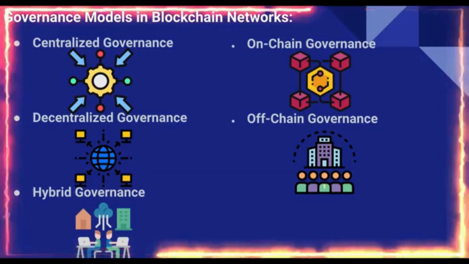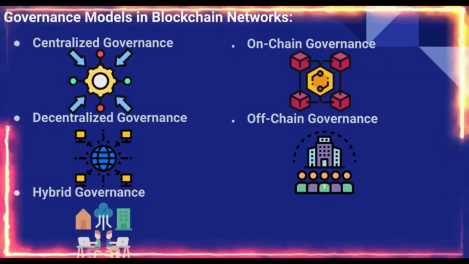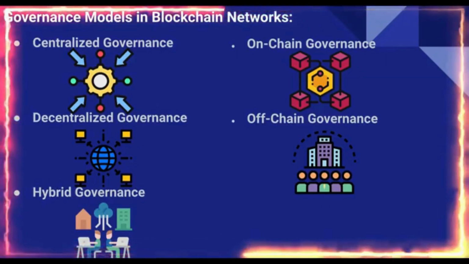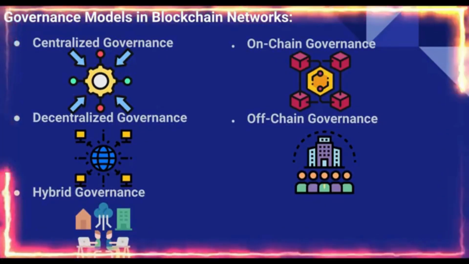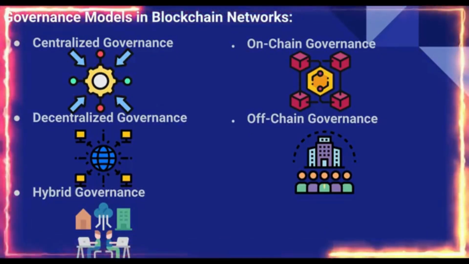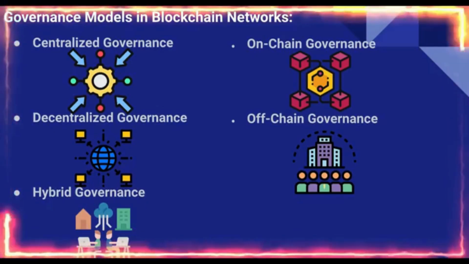Decentralized governance. The decision-making power is distributed among various stakeholders, often through voting mechanisms. Proof-of-stake and delegated proof-of-stake networks often use this model. Hybrid governance combines elements of both centralized and decentralized governance to strike a balance between efficiency and decentralization.